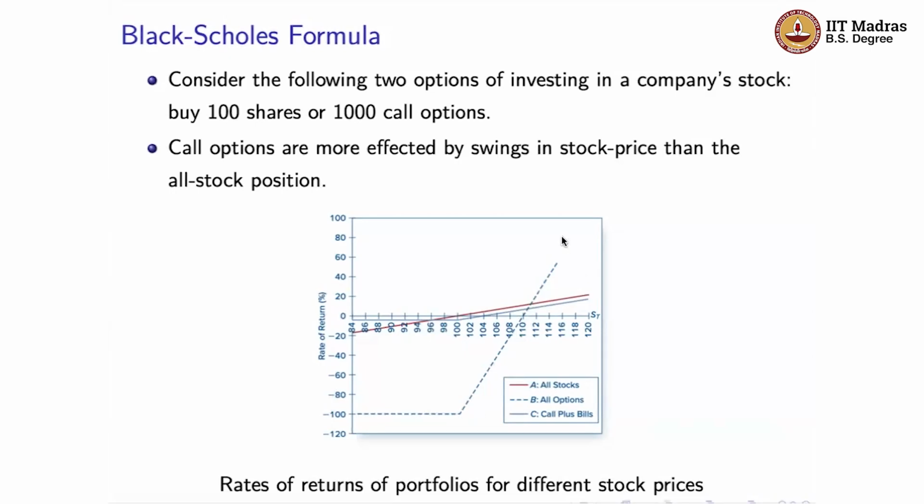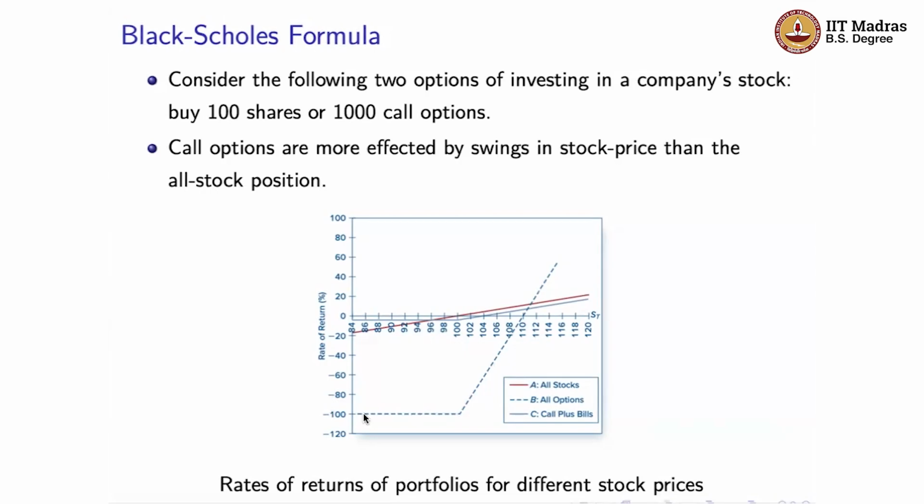And what we had come to the conclusion of is that basically options are more sensitive, in the sense that their rates of return are more affected by changes in the stock prices. So that was a qualitative discussion, and also a discussion based on some of the graphs.